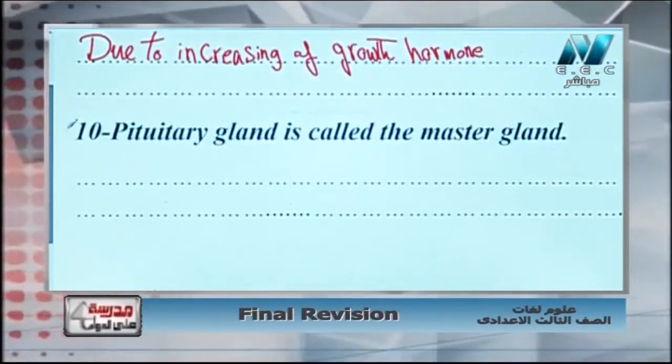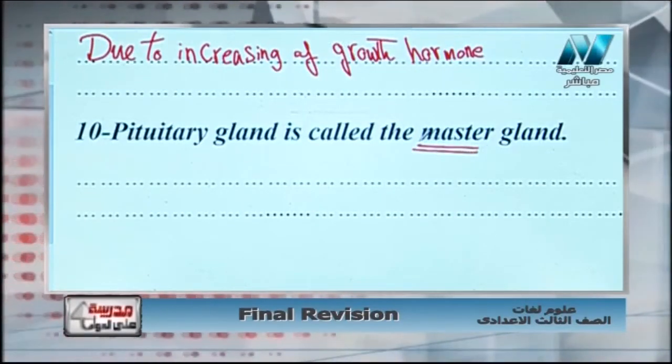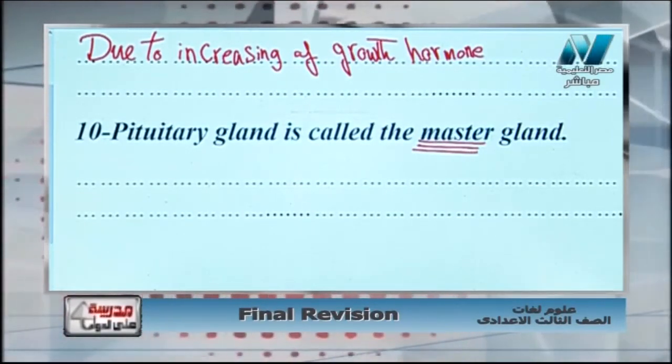Number 10, pituitary gland is called the master gland، الغدة الرئيسية أو the main gland أو the mother gland. Why?